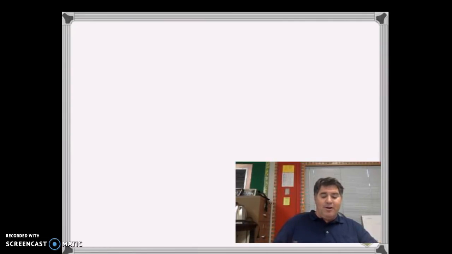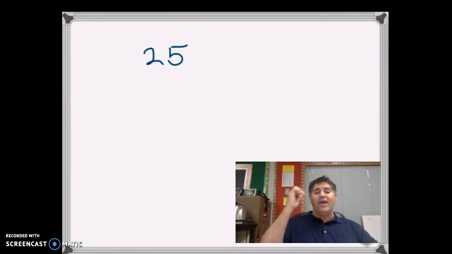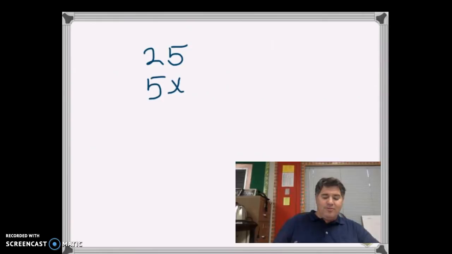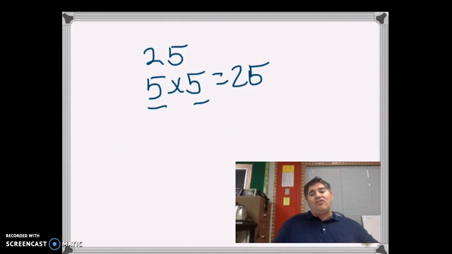Let's look at the number 25. If we have 25, we can multiply numbers together to get 25. You might say, well, I think 5 times 5 equals 25, doesn't it? So the numbers 5 and 5, those are factors of 25.